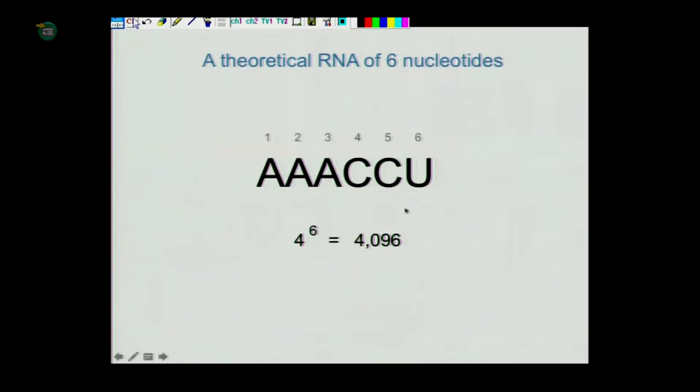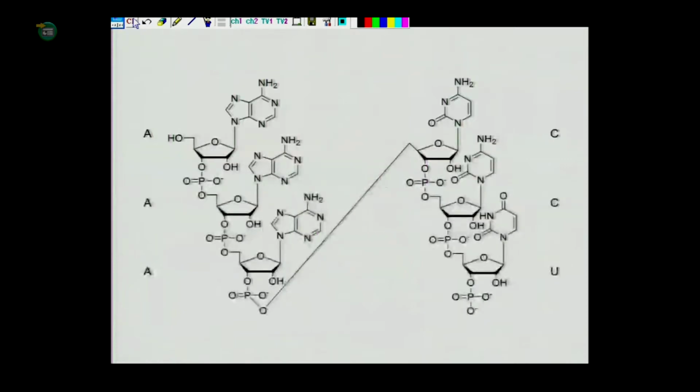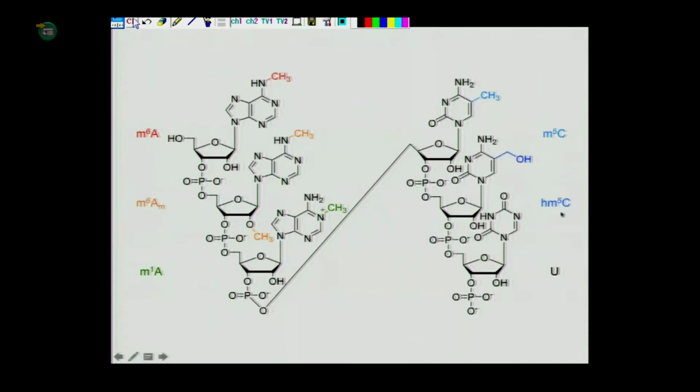Now, think like a chemist. The chemist will tell you, if you put a methyl group right here, you get an m6A. If you put a methyl group here and another methyl group here, you get m6Am. If you put a methyl group next to m6A right here, this is m1A, and it generates a positive charge. You can do this to the cytidine, to another cytidine, and to uridine.